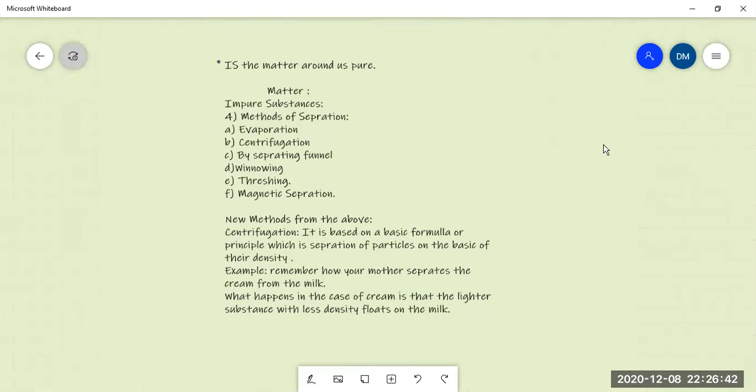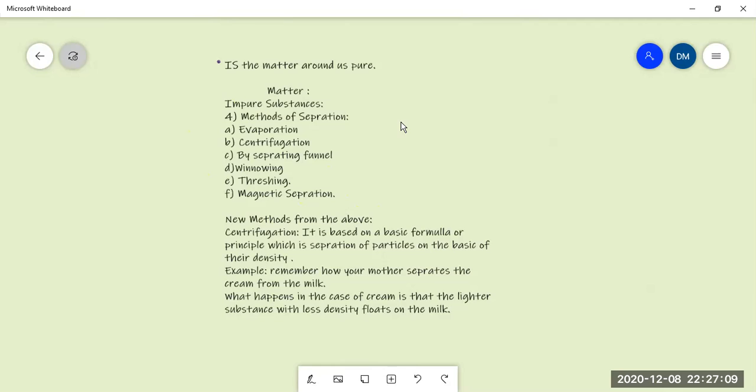Is matter around us pure? Now, the next is the fourth part, method of separation. There are many methods of separation. First is evaporation, then centrifugation, separating funnel, winnowing, threshing and magnetic separation.